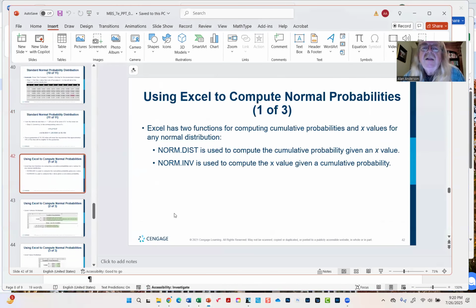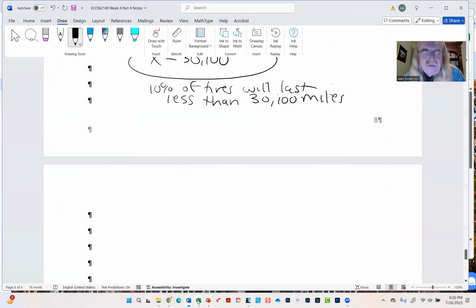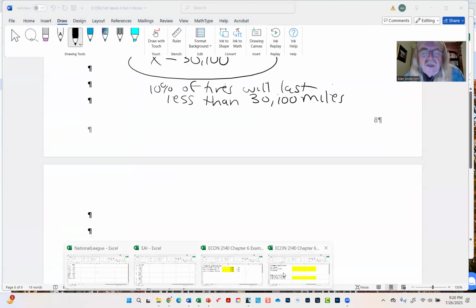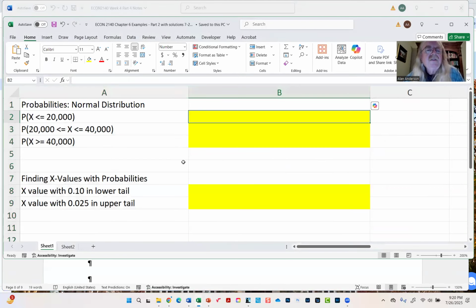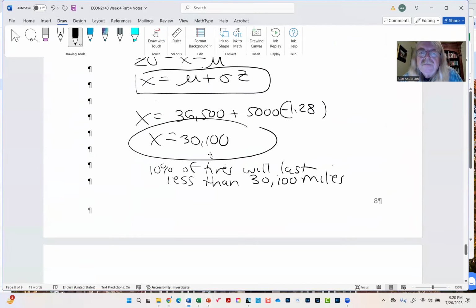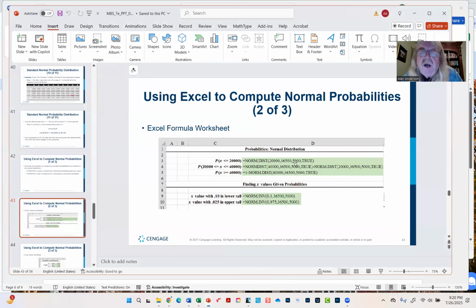All right. Now, all right, let's finish this part and then I'll show you how the calculator works. They're giving us in this next sheet some probabilities. And so we've already kind of touched on this. The probability that X is less than or equal to 20,000, given that, oh, it's the same problem.